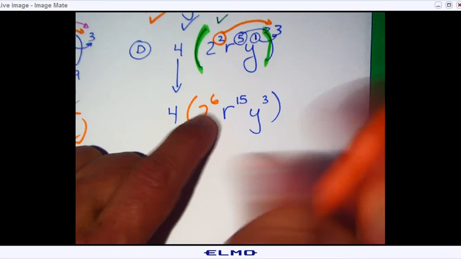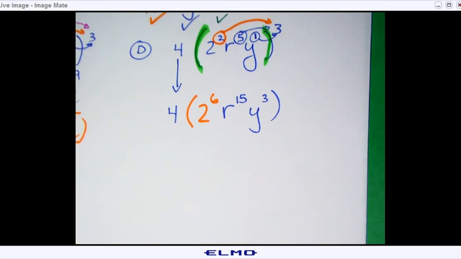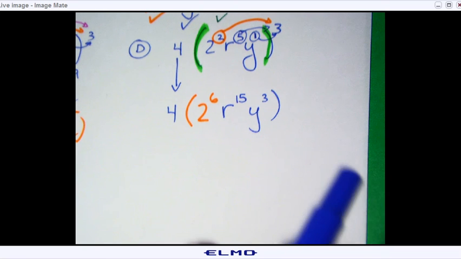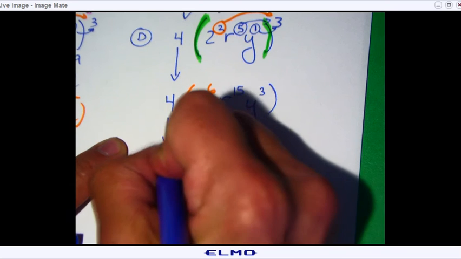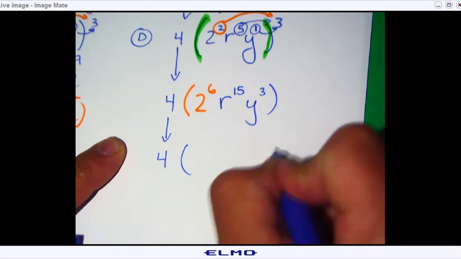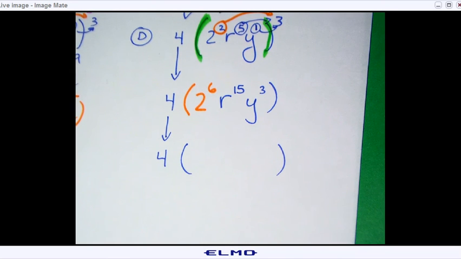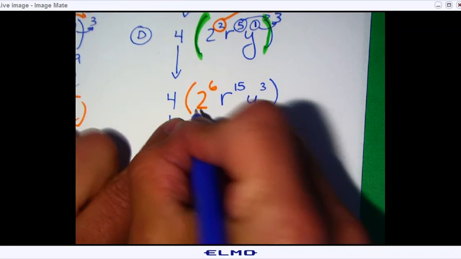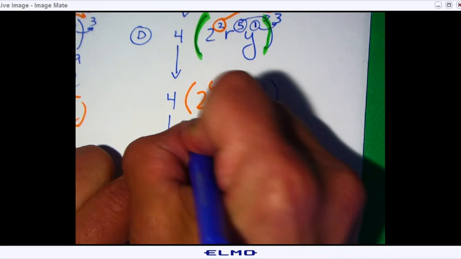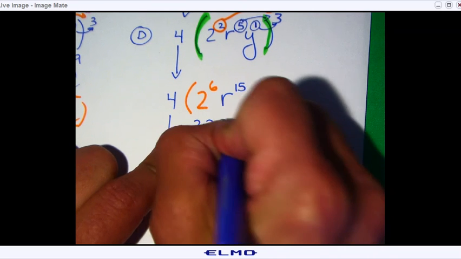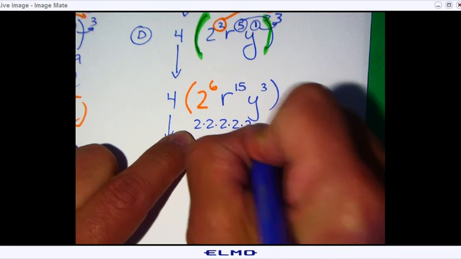Now keep working. Now you have to do 2 to the power of 6. So remember, with the 4, can't touch the 4 yet. Bring it down. All right. So here we go. What's 2 to the 6? 2 times 2 times 2 times 2 times 2 times 2.